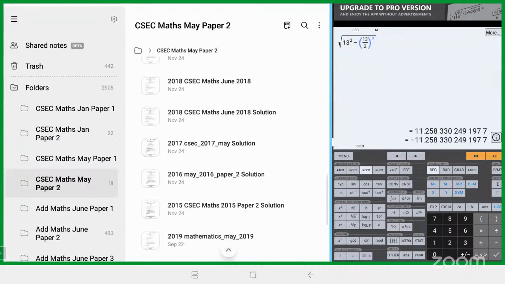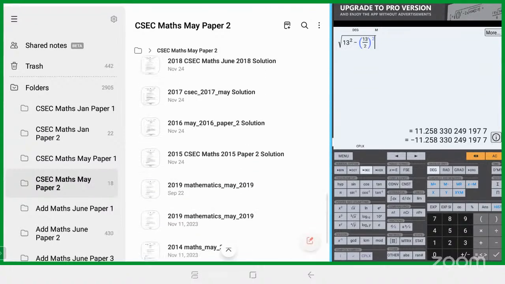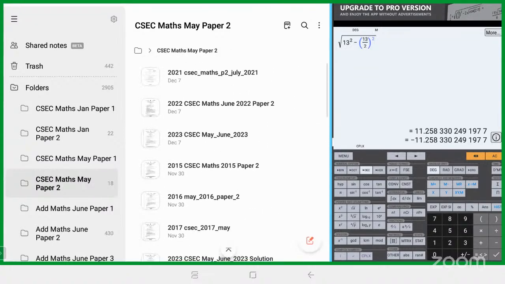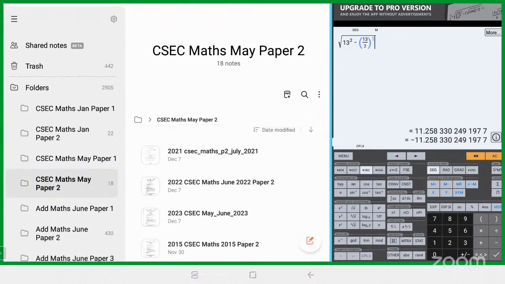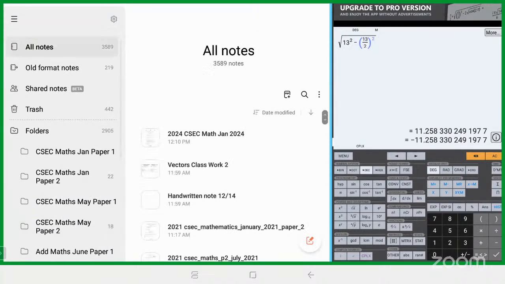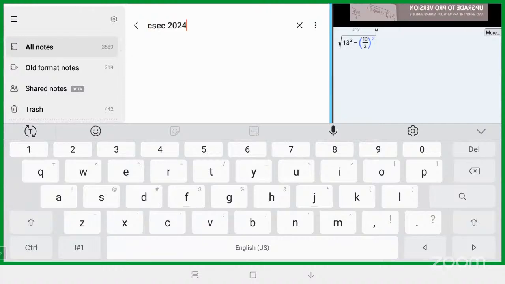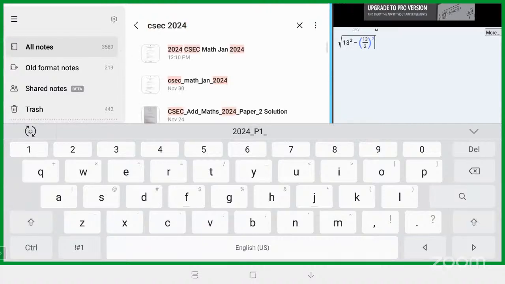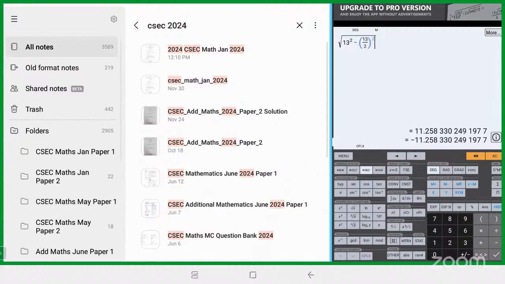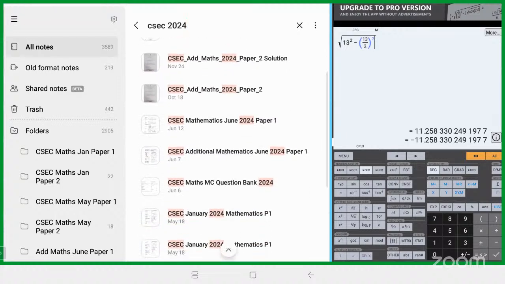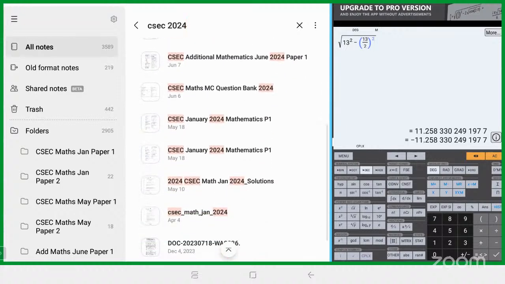It's not here. Let's get it back from the main folder. That's so hard to find.